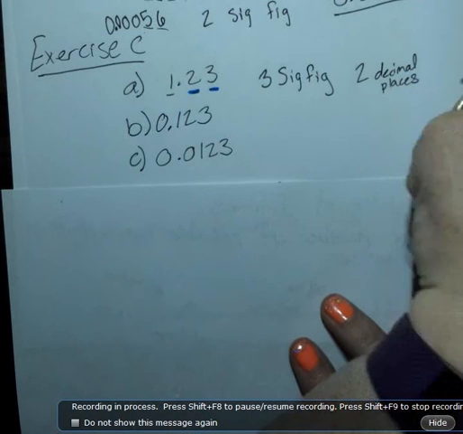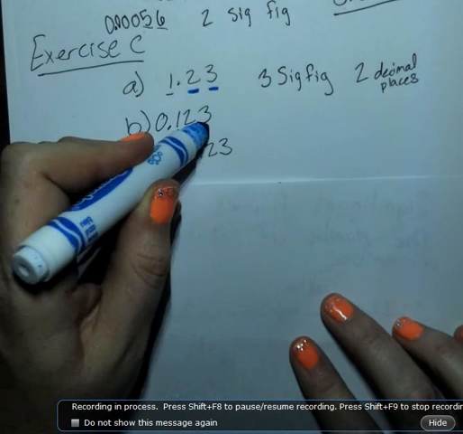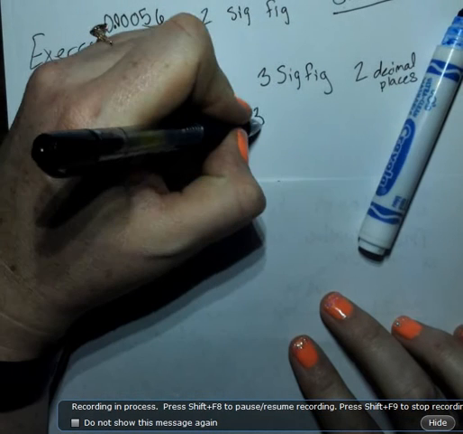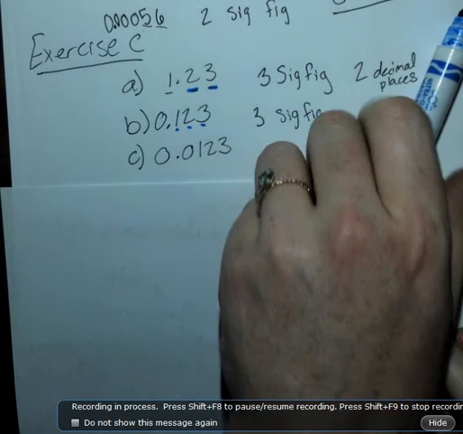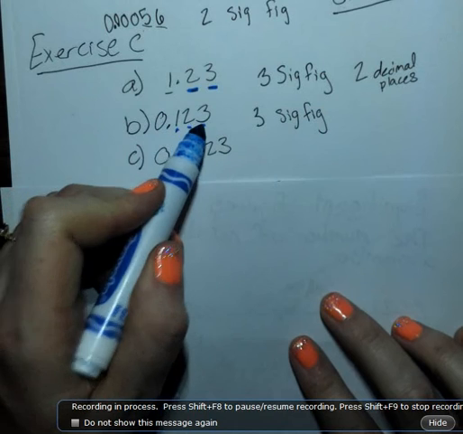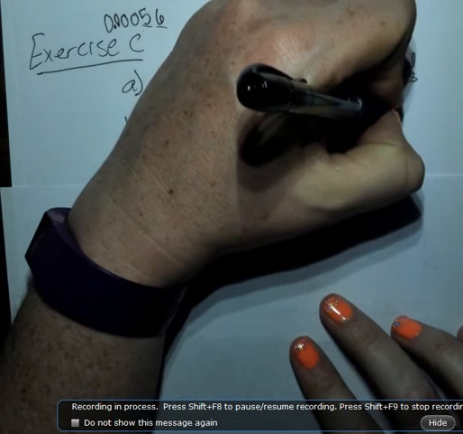B, we look at all of the non-zero numbers, 1, 2, 3. So this one has 3 significant figures, but this time we have decimal places: tenths, hundredths, and thousandths. So we have 3 decimal places.